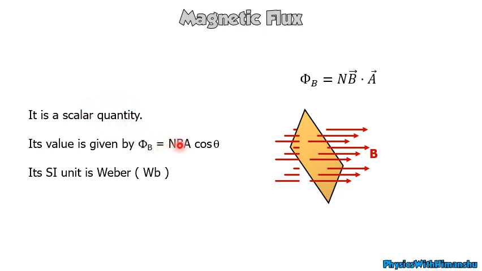Its value is given by N, the number of turns in the coil, times the dot product of magnetic field B and area vector A, and remember the area vector is perpendicular to the area. We can write N B dot A equal to NBA cos theta, where theta is the angle between magnetic field and area vector.